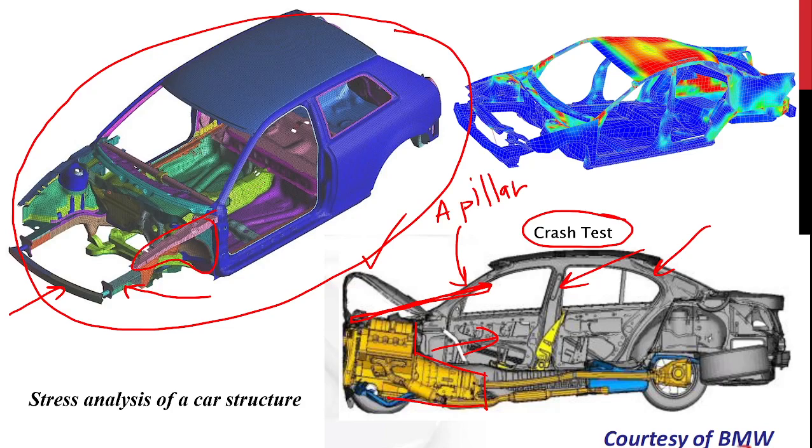Different colours depict different thickness of metals. These are the things you want to test. You can even test for vibration frequencies, torsional rigidity, and many more.